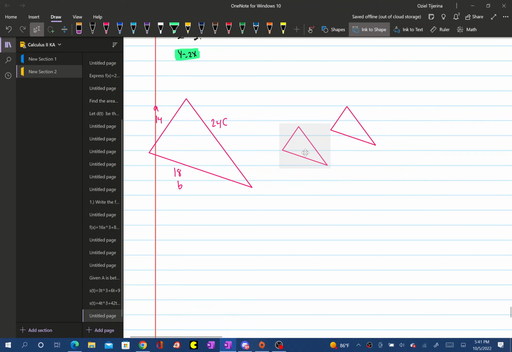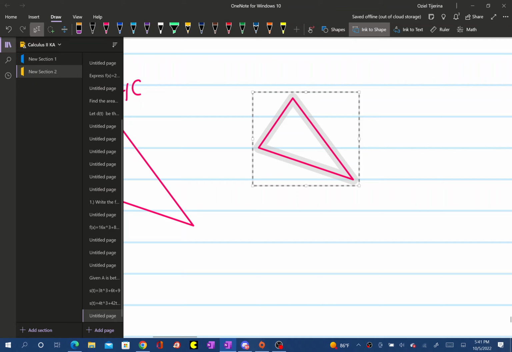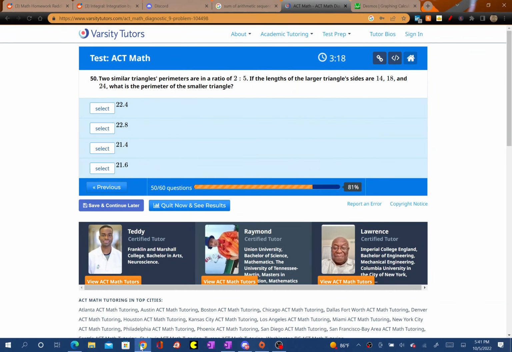Okay, so I can get this triangle, and I'll make it blue, and because it literally tells us that the perimeter ratio is 2/5.